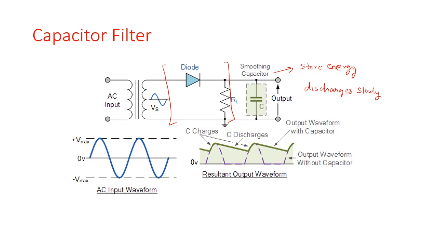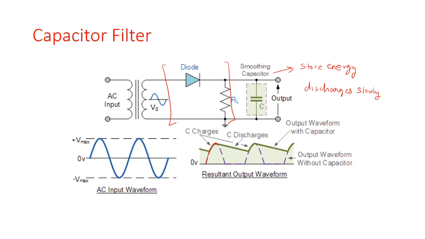Initially, when I'm rising from 0 volts, my capacitor will start charging. It charges till it reaches this maximum value. Once it has reached the maximum, the signal at the output of my half wave rectifier is decreasing, so my capacitor has more charge and slowly starts discharging.